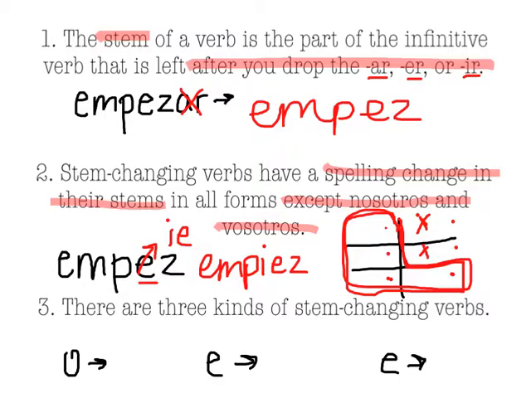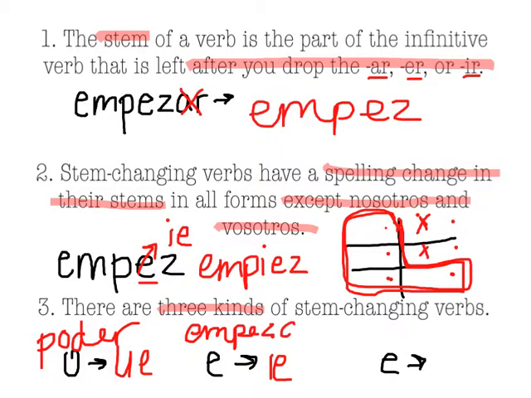The last point as we review stem changing verbs is that there are 3 kinds of stem changing verbs. Jugar doesn't quite fit into these, but the 3 main ones are O to UE, that would be like the verb poder, or E to IE, so that's just like empezar that we just did above.